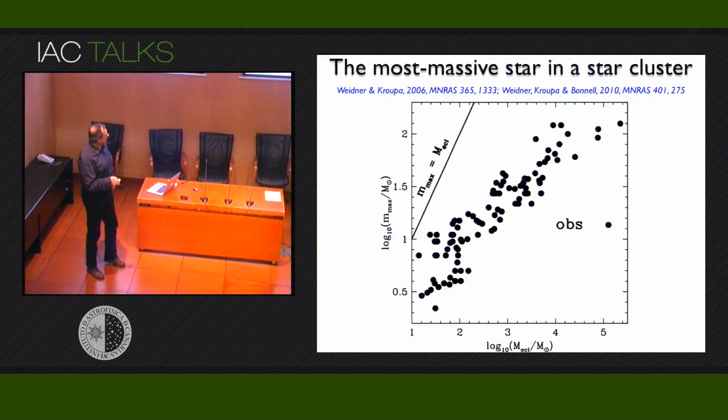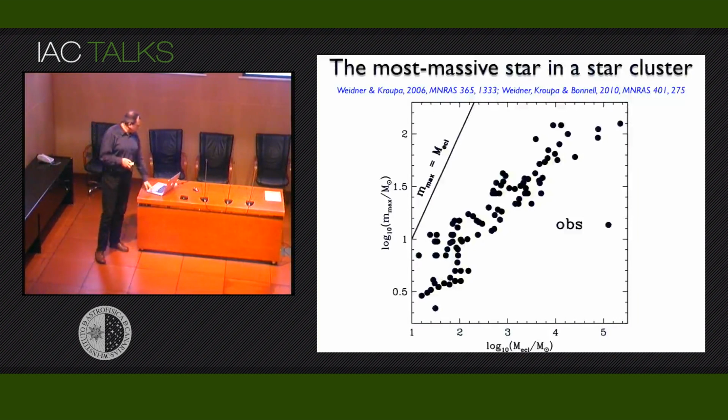And this is what I have done here. Here you see the measured masses of star clusters in the Milky Way and a few in the Large Magellanic Cloud, and the mass of the most massive star in the star cluster.